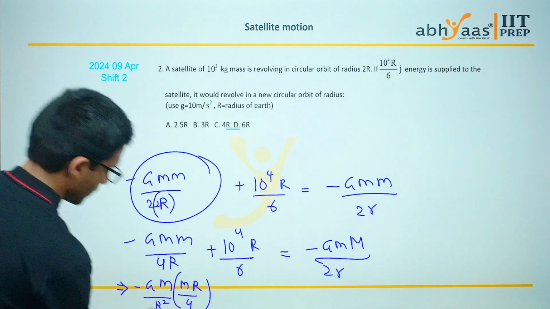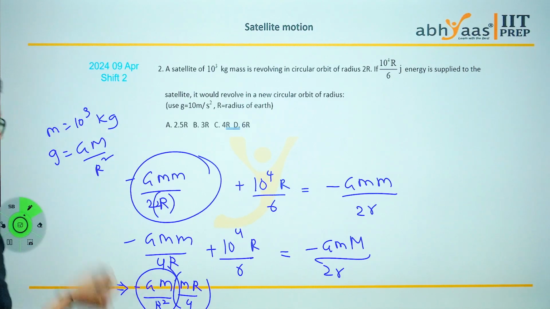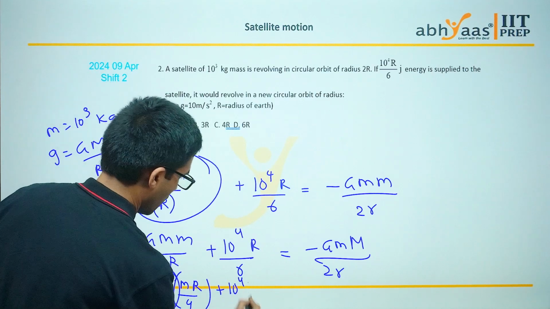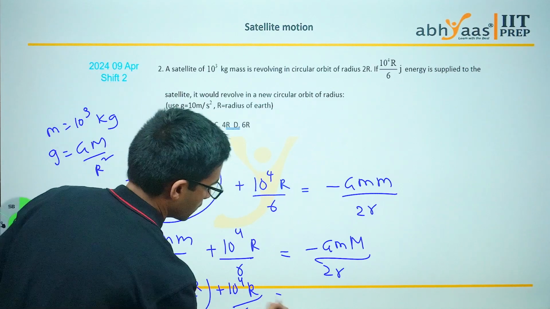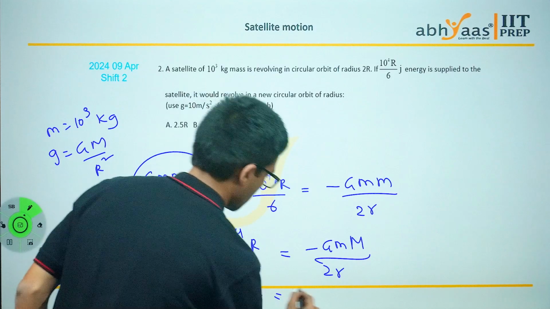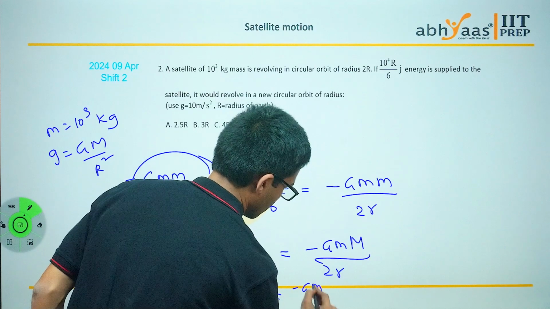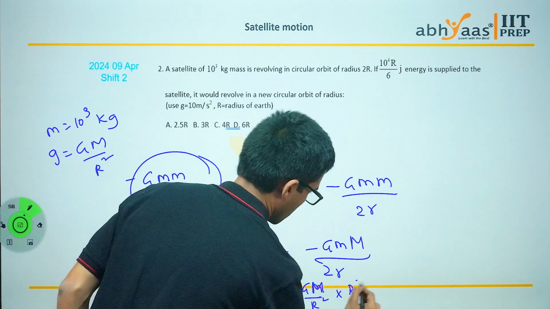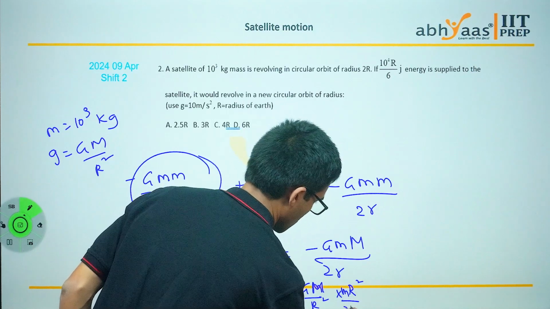Okay, simple. See, here I want to keep the g value, GM by r square, plus 10 power of 4 r by 6, is equal to, here also you convert, that is G capital M by r square into r square, Mr square by 2r.